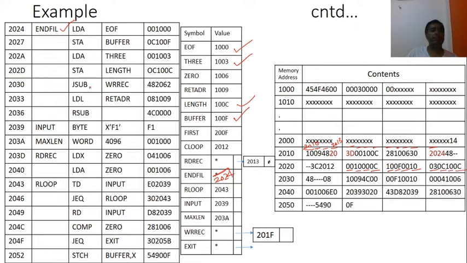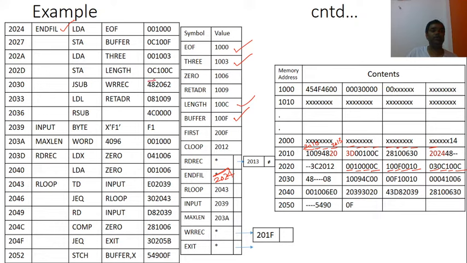Now the next instruction is JSUB WRREC. We have to check whether WRREC is defined or not. WRREC is not defined. So in the list we have to enter the next address at which WRREC is required. You can see this instruction is written at 2030.